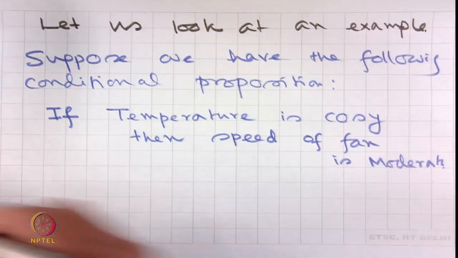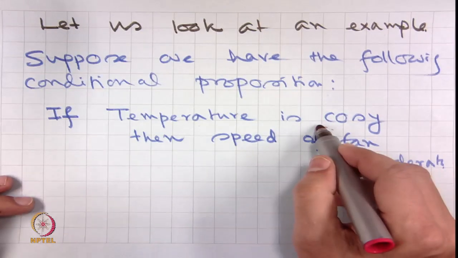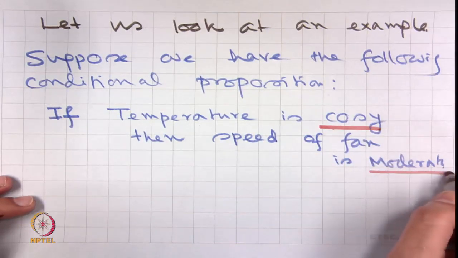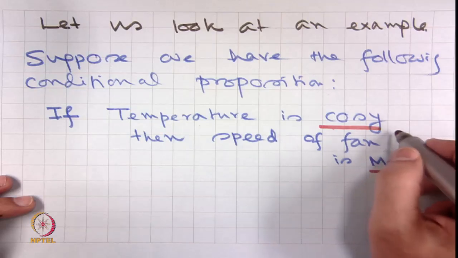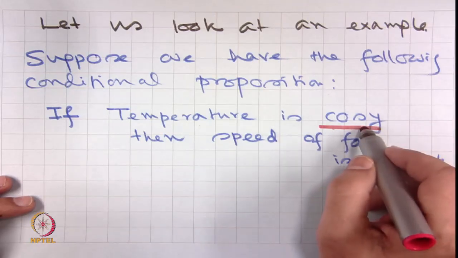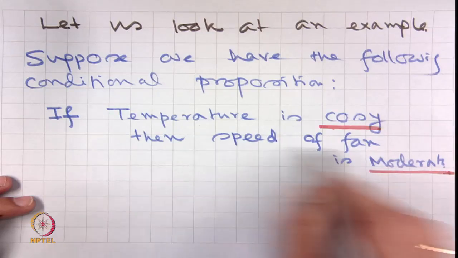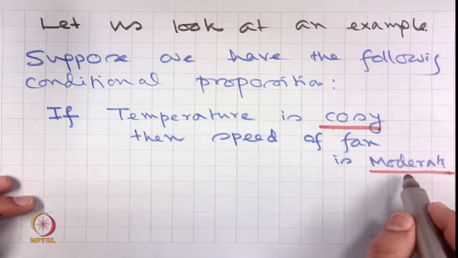So, we can see that there are two fuzzy terms A and B, where A is temperature is cozy and B is with respect to the speed of fan, that the speed is moderate.